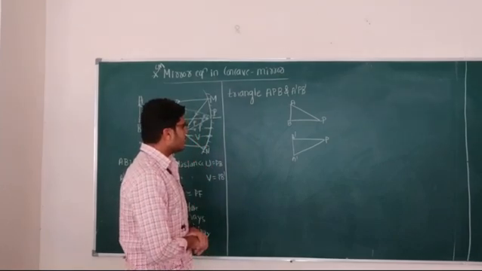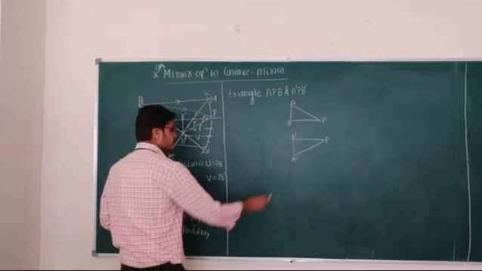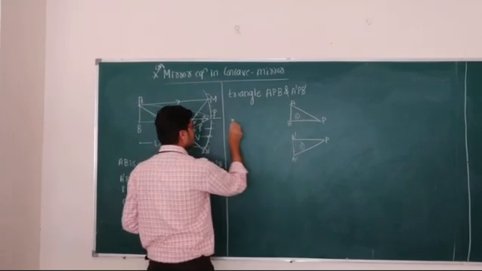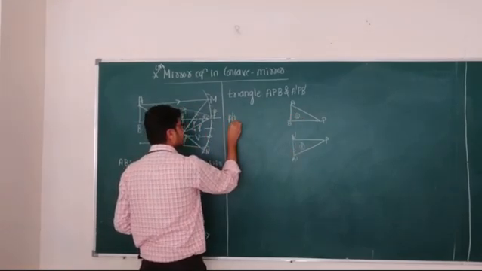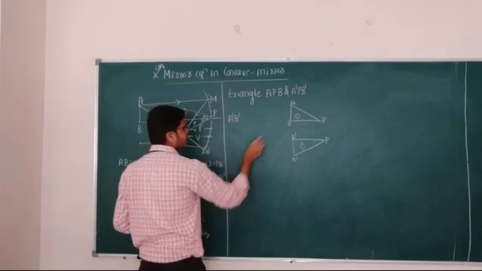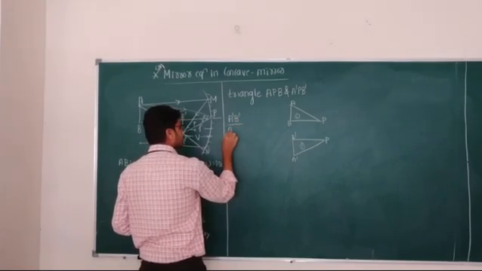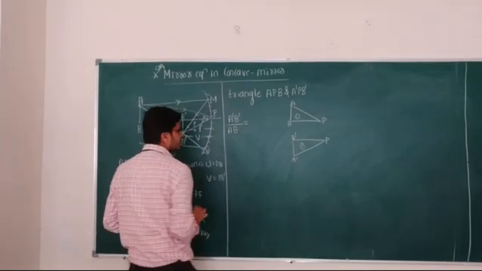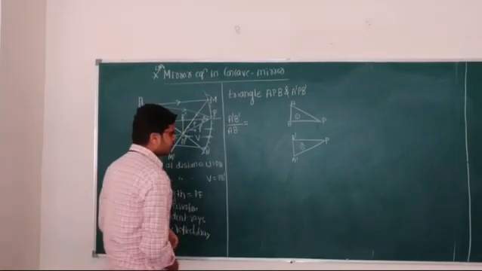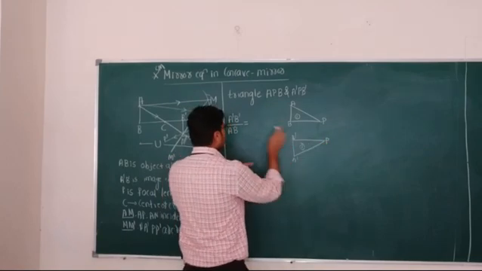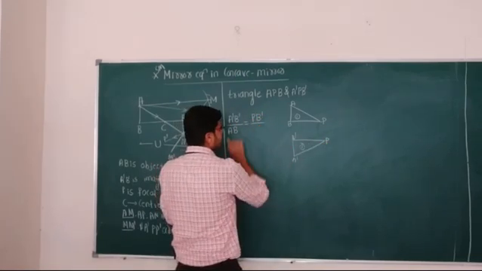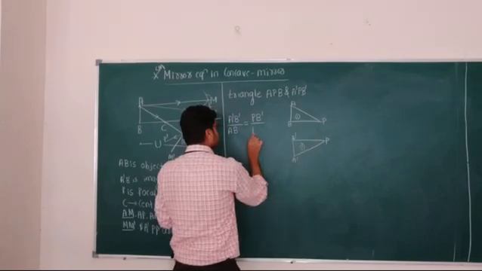Now, the ratio of the heights. What is the first triangle height? That is A'B' divided by AB, which is equal to the ratio of the bases. The first base is PB', the second triangle base is PB.